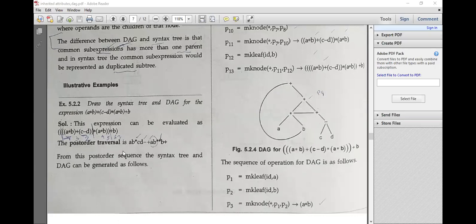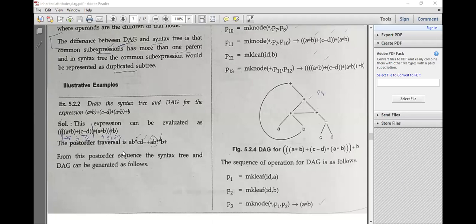And how are we going to manage while drawing this graph? First we need to obtain the post order traversal. How to draw the post order traversal? Post order traversal in the sense first we need to merge both operands: A B star. After this, the operation is star. Next C D, after this the operation is minus. That part is over.